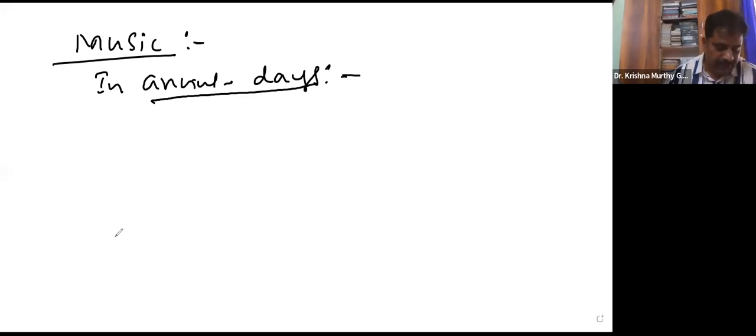First, a major important thing: the origin of Indian music. The first idea about Indian music is mentioned in the Rig Veda.